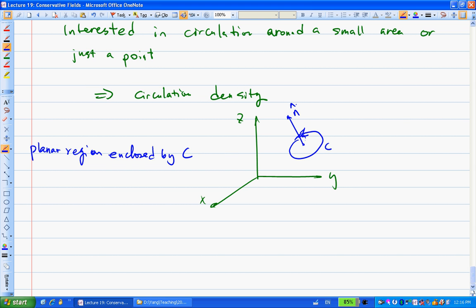Is that good? Now here comes a question. There's always a compatibility between the direction of the curve C and the direction of n hat. We're going to look at this later too, but for now the right-hand rule has to be satisfied for the direction of the curve C and the direction of n hat. For example, if the C direction is this, then n hat will be your thumb direction. The way I draw it here satisfies the right-hand rule.